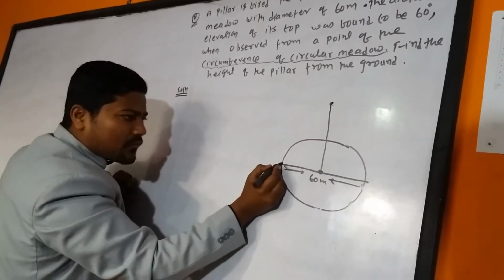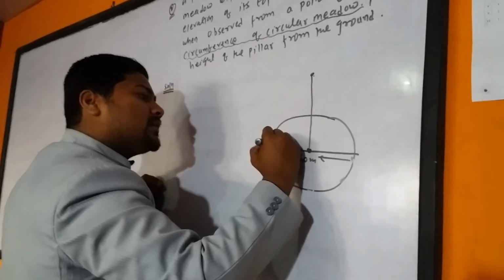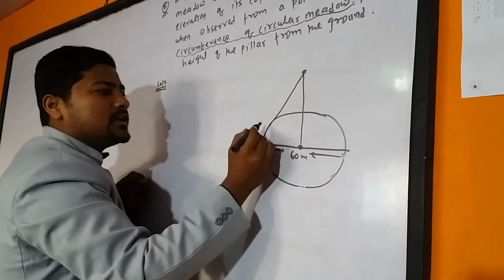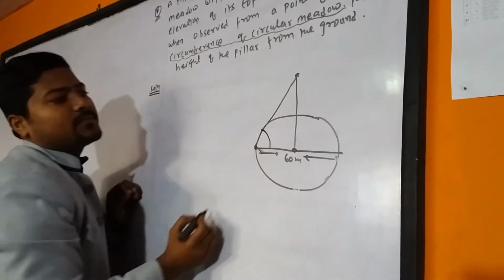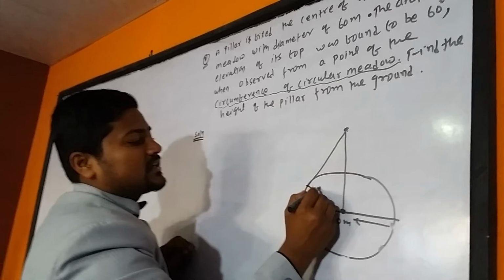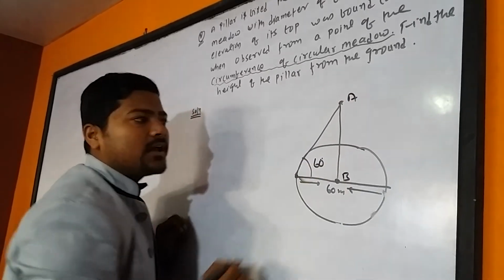So now suppose that the top of the pillar is observed from this point. The angle of elevation is found to be 60 degree. Suppose AB is a pillar.